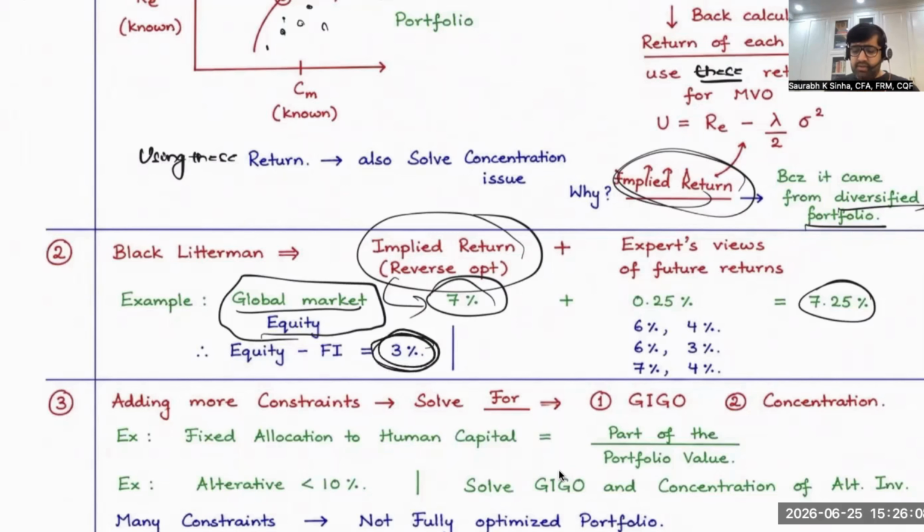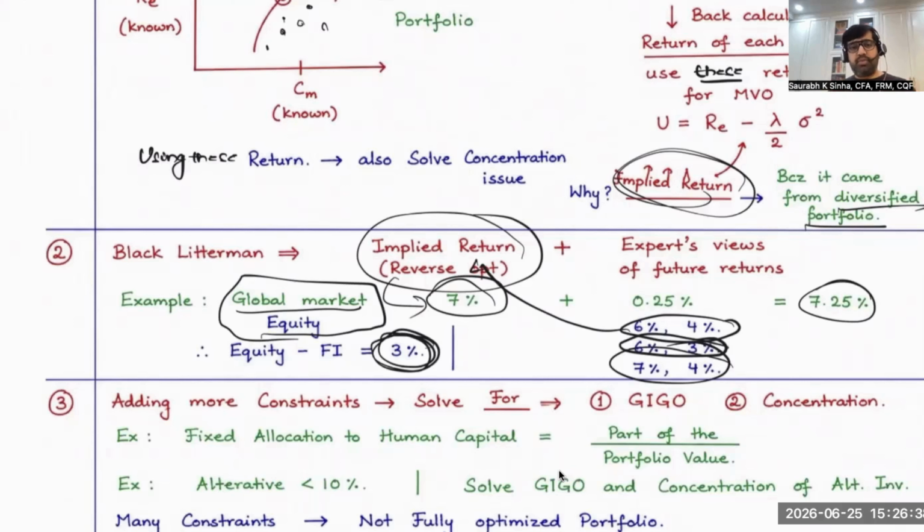Or say that, assume the expert has a view that equity minus fixed income should have a gap of 3%. Global equity market and global fixed income market, or global equity asset of global fixed income asset, will have a difference of 3%. But what this engine, this reverse optimization, is throwing you 6% and 4%. No issues. Either adjust the fixed income return to 3%, or either increase the equity return to 7%. Or you can also make 6.5% and 3.5%.